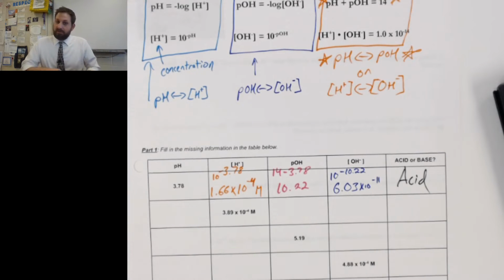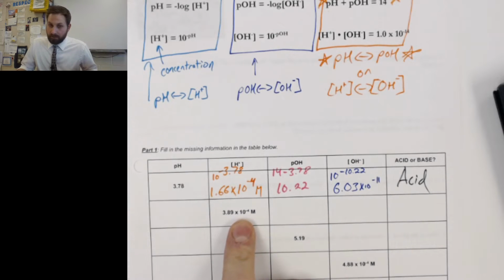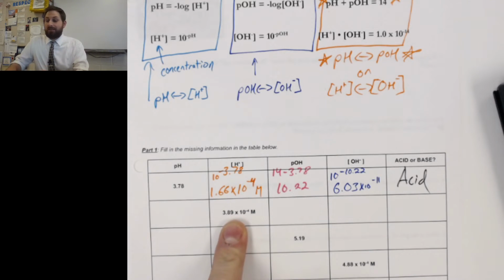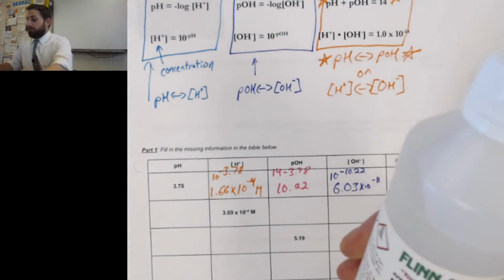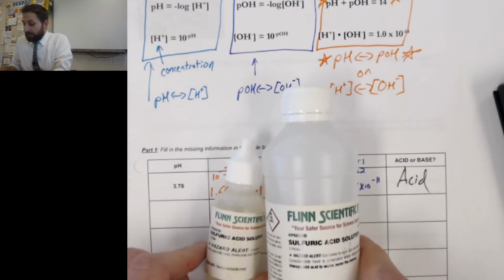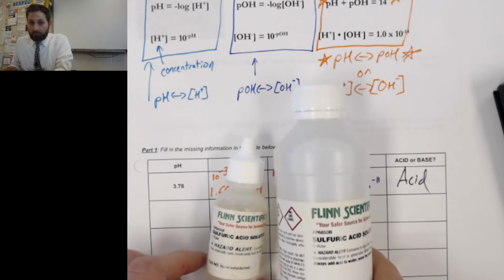All right, so we're going to hop on down to the next row here, this 3.89 times 10 to the negative 4. Now I missed a little bit if Mr. Bartlett talked about this, but remember you guys have the E button on your calculator that we can easily represent these scientific notation numbers in. In addition to that, remember what we're going to be using later are real acids.